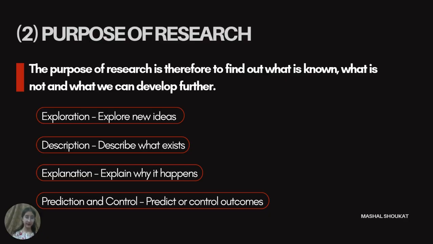The third one is explanation. An explanation is to understand why something happened or the cause behind it. Example, why do certain plants grow faster under specific light? And lastly, we have prediction and control.